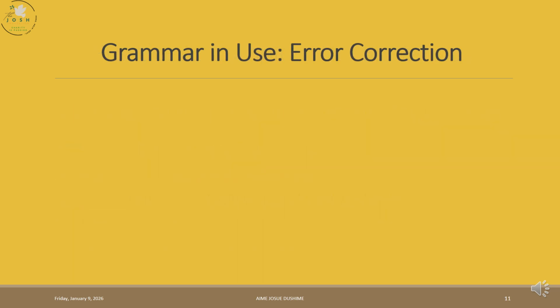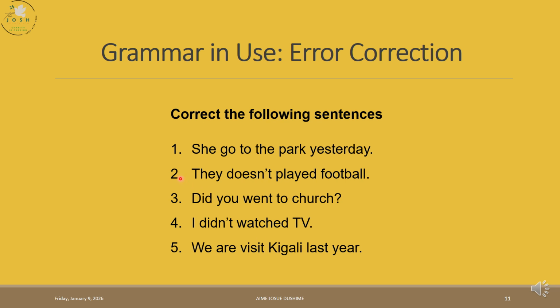Let's see the errors and the corrections. Correct the mistake here: She go to the park yesterday. Do we say she go? No. We don't use V1 if we have yesterday. We use V2. She went to the park yesterday. Number 2: They doesn't play football. No. Because we have a past, we don't say doesn't. We use didn't plus V1.